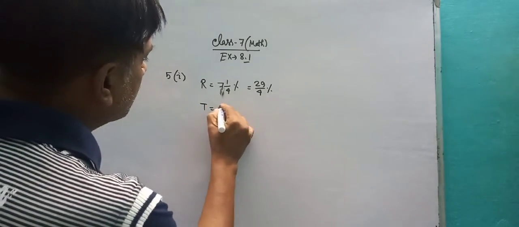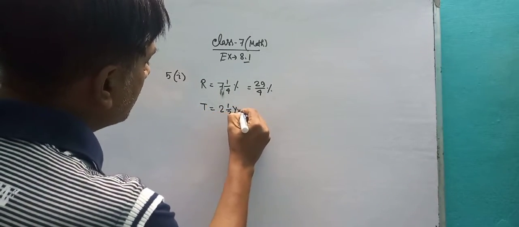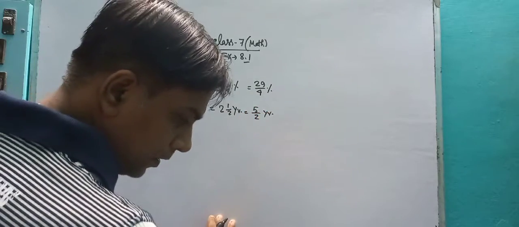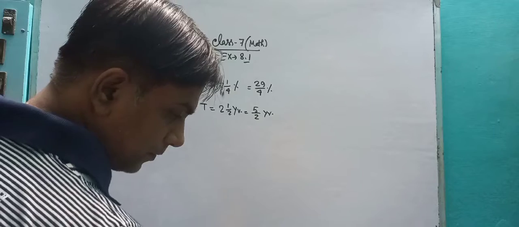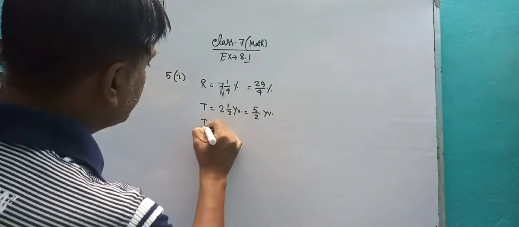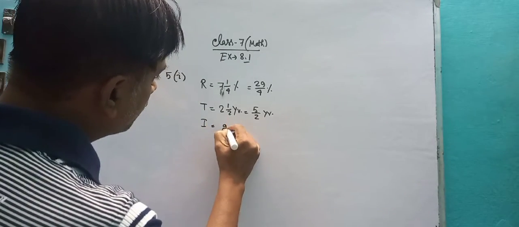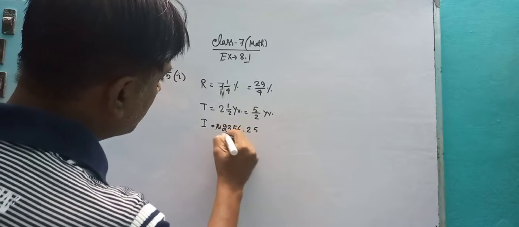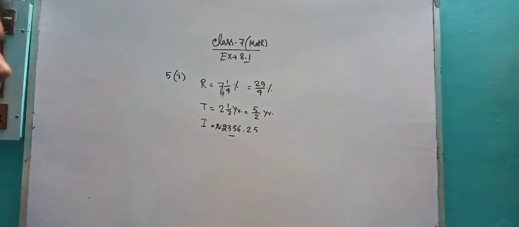Time is 2.5 years, that is 5 by 2 years. The interest is 2356.25. Now the question is to find the sum of money, which is the principal.